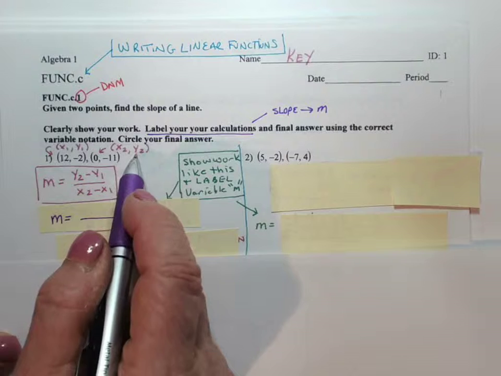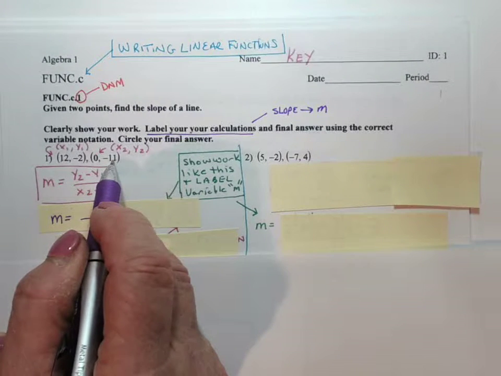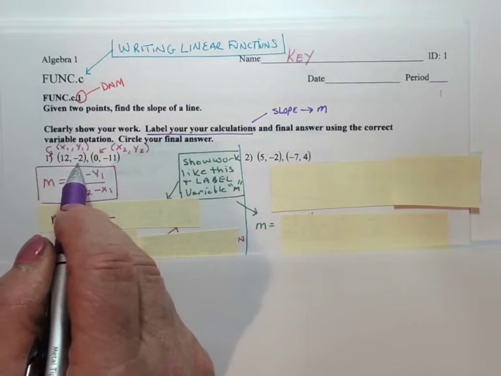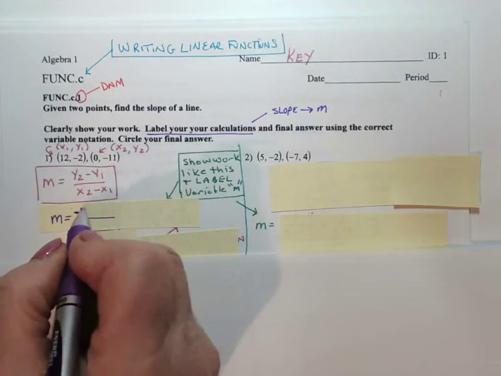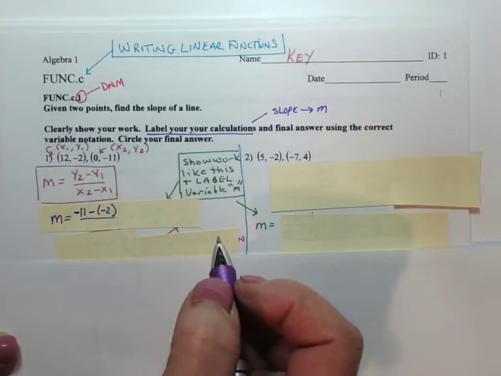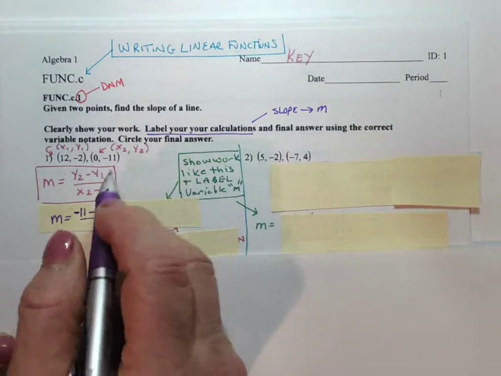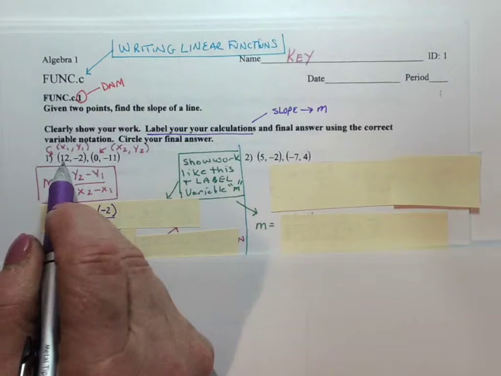So let's do this problem. We're going to take y2 minus y1, so negative 11 minus negative 2. And then we're going to take x2 minus x1.